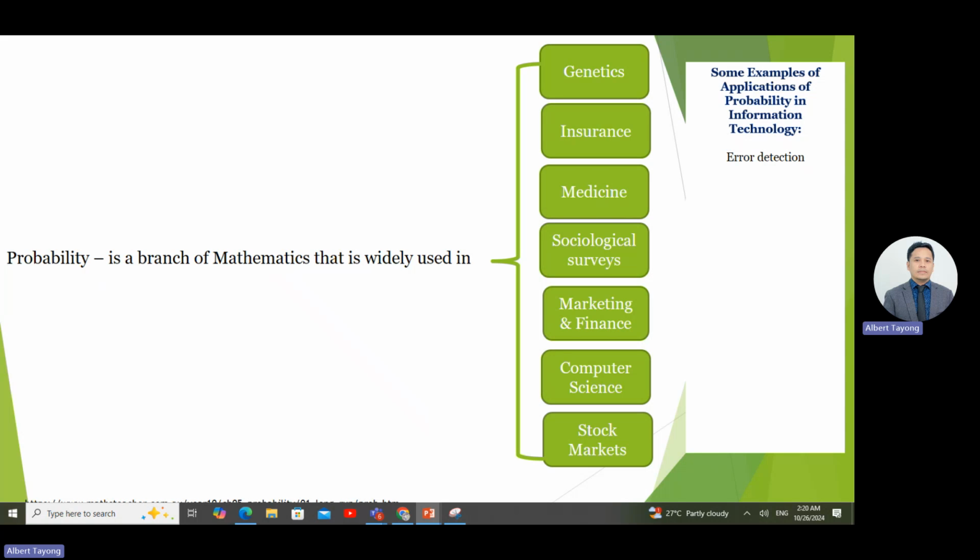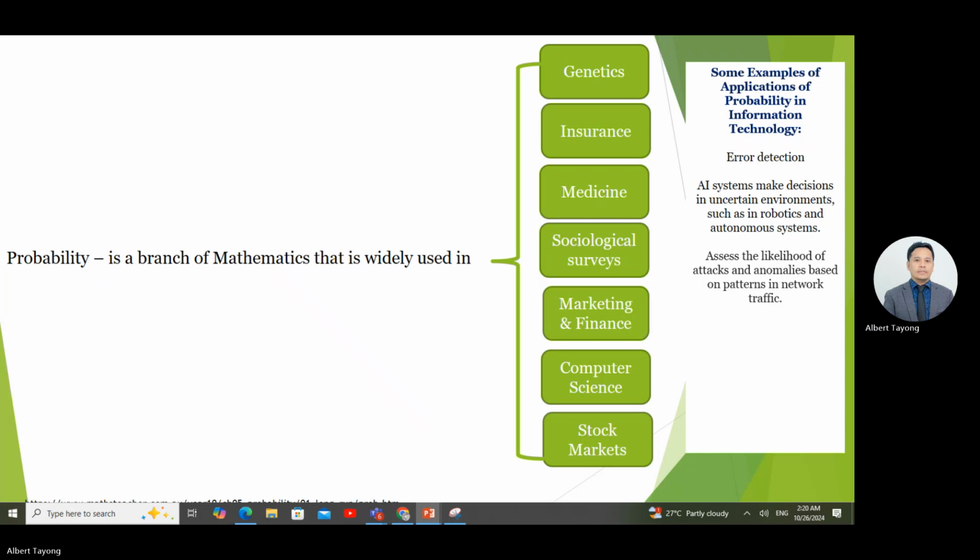One of the applications is error detection, and AI in terms of robotics and autonomous systems, assessing the likelihood of attacks and anomalies based on patterns in network traffic, evaluating potential security threats and their impacts, spam detection by using certain words.